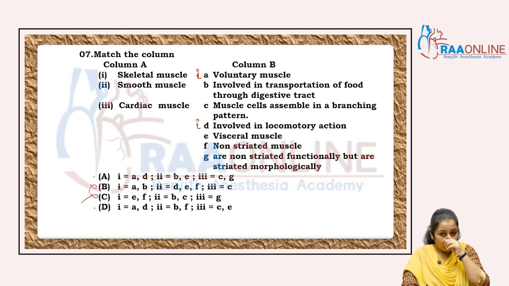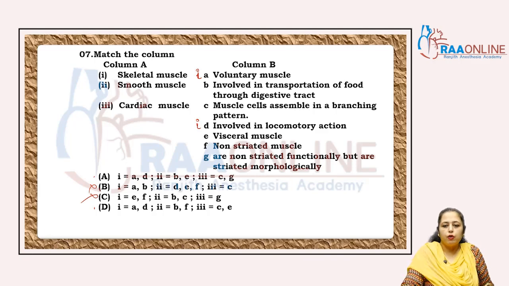Now smooth muscle: involved in the transportation of food through the digestive tract, correct. Muscle cells assemble in branching pattern, no. These are the visceral muscles, exactly. Non-striated muscles, right? So two goes with B and E. Cardiac muscle goes with muscle cells assembled in the branching pattern.